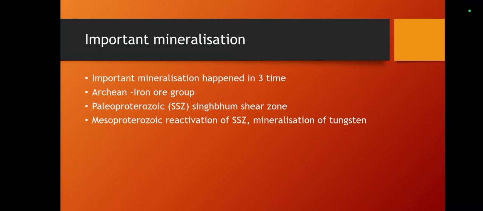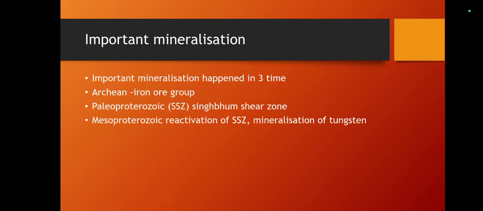So here the important mineralization happened in three important times of the geological time scale. First of all, the Archean group, where you can see the iron ore group in the Archean time, and then Paleoproterozoic time, where Singhbhum shear zone has been formed, and finally the Mesoproterozoic time, where the reactivation of Singhbhum shear zone happened, and where the mineralization of tungsten can be seen.